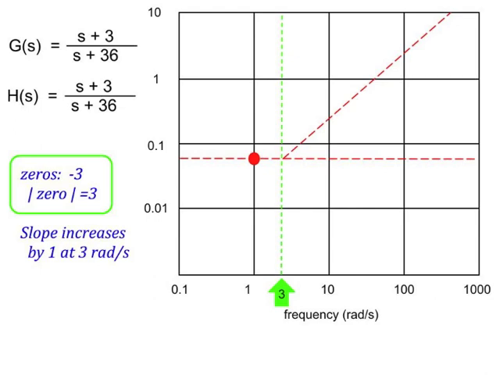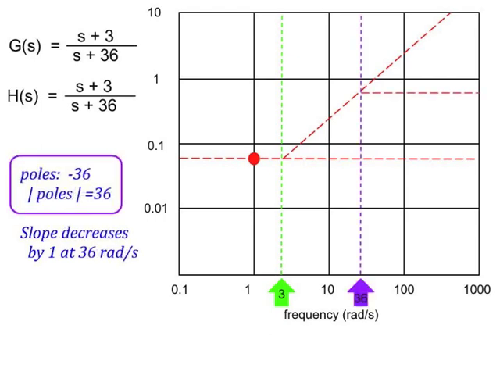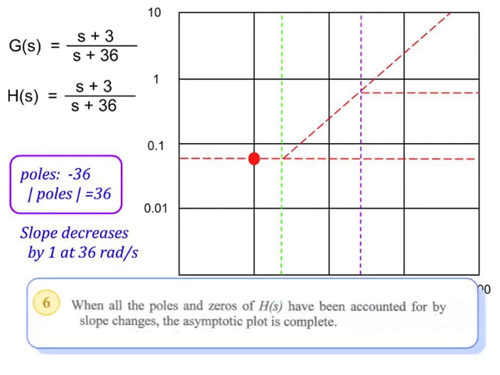At 3 radians per second, we increase the slope to +1. Then, at 36 radians per second, we decrease the slope from +1 to 0. We've now completed our adjustments of the slope. We've accounted for all the poles and zeros of h of s.